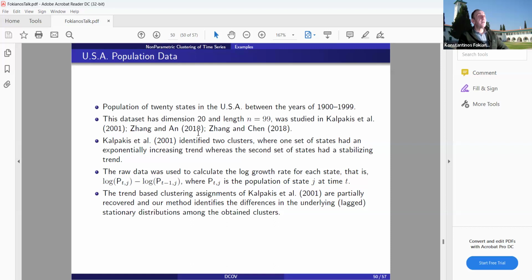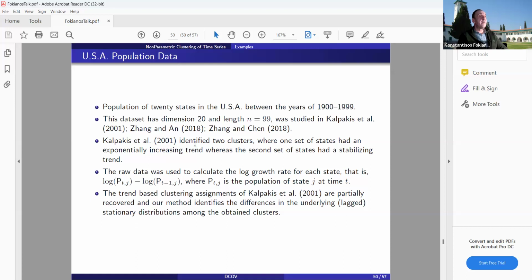So this is a data example: the population of 20 states in the United States. The dimension is a 20-dimensional time series with almost 100 observations, and it was studied by several authors. Kalpakis, back in 2000, identified 2 clusters. One set of states had an exponentially increasing trend, while the second set had a stabilizing trend.